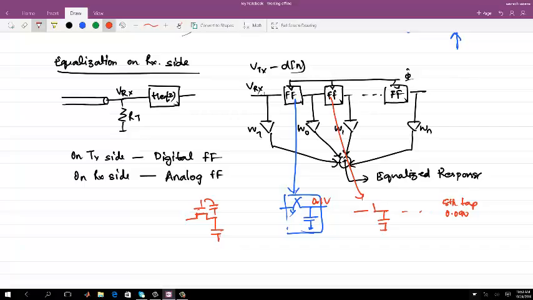And at high frequency, let's say you are talking about a 40 Gbps data rate, for example, right? Time period is 25 picosecond.